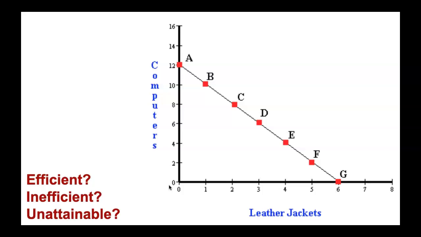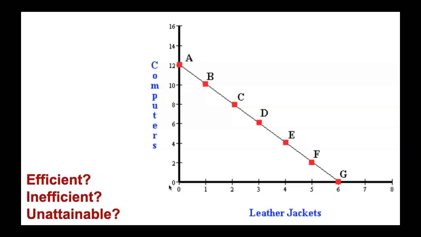If production were set at 6 units of leather jackets and 14 units of computers, would that be efficient, inefficient, or unattainable? What if production levels were set at 3 units of leather jackets and 4 units of computers?